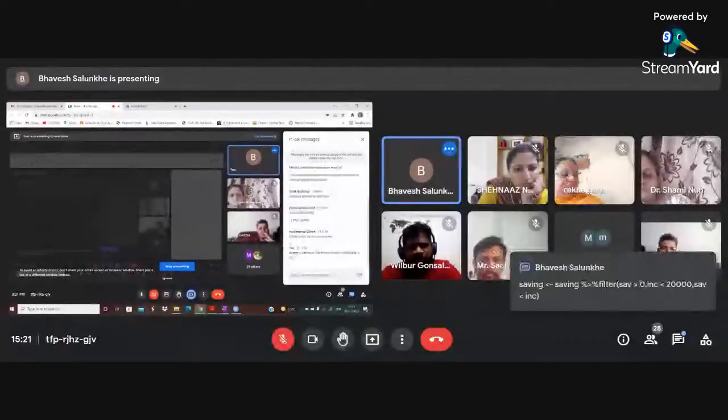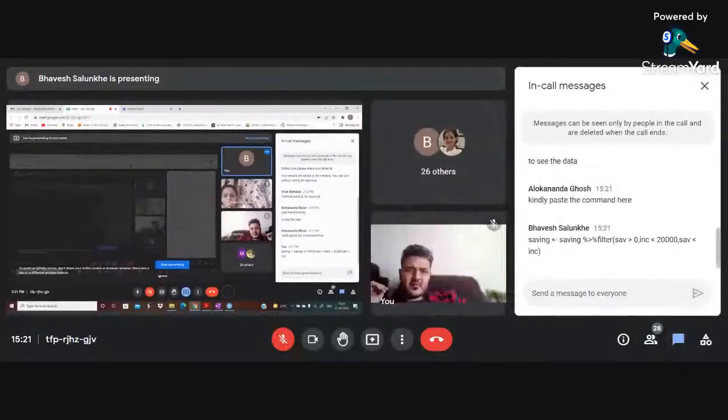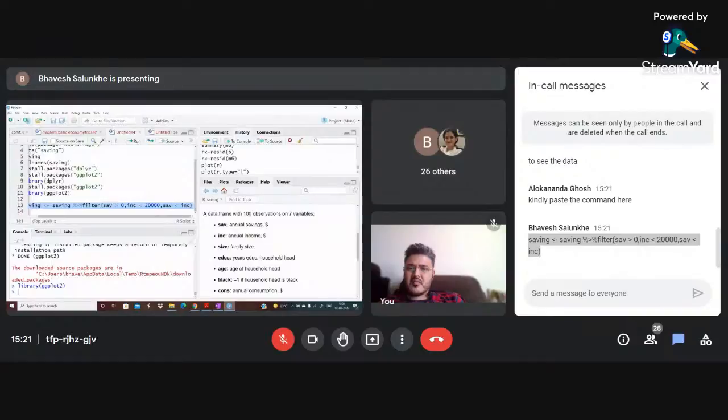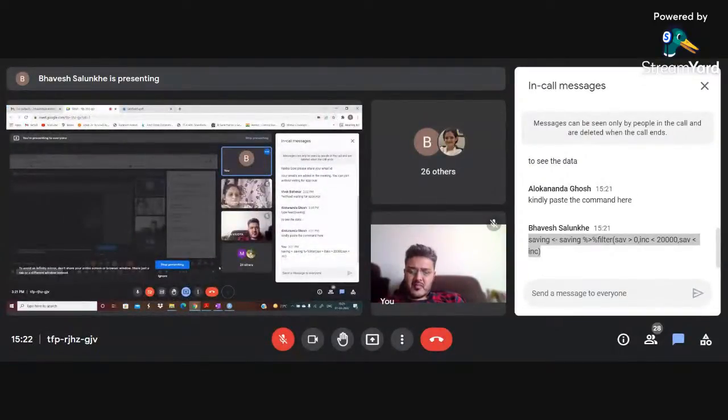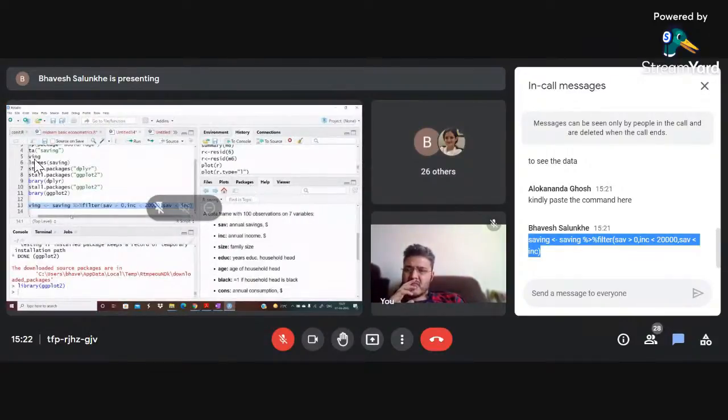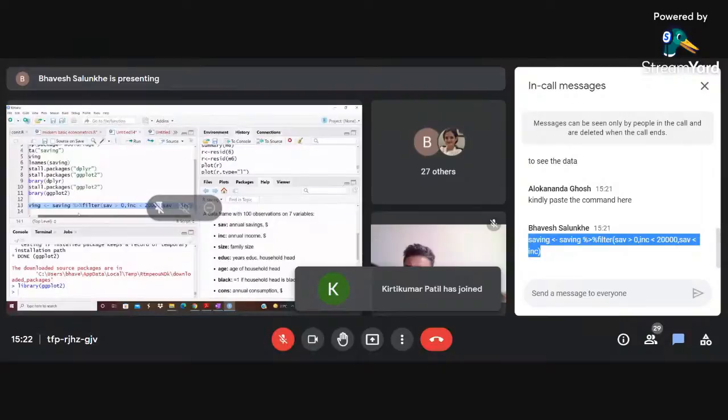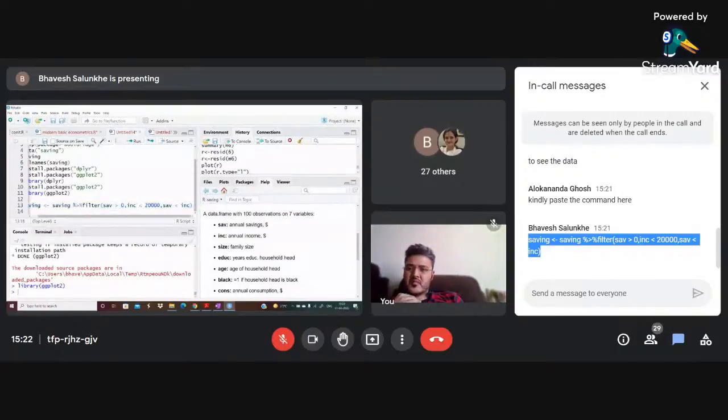Okay, so what I am doing over here, I am using this command: savings %>% filter. Savings is the data set, and this is something called a forward pipe command.